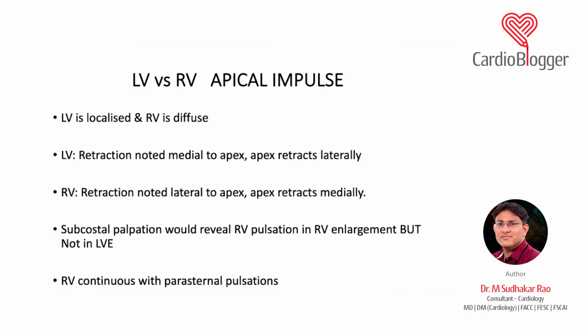If you are feeling it at the pulp of your finger, it is the aortic pulsation, which is because of a dilated descending thoracic aorta. However, if you are feeling the pulsation at the lateral border of the finger, then it is the liver pulsation, in cases of tricuspid regurgitation or tricuspid stenosis or other PH with RV dysfunction. So this is how you differentiate between an LV and an RV apical impulse.